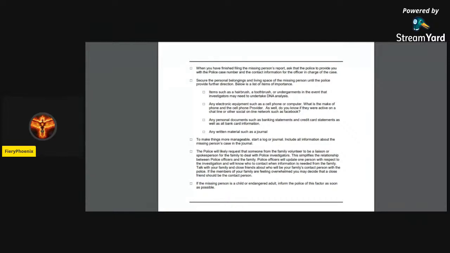Then the police officers will update one person with respect to the investigation and will know who to contact when information is needed from the family. It's best to talk with your family and close friends about who will be your family contact person with the police.